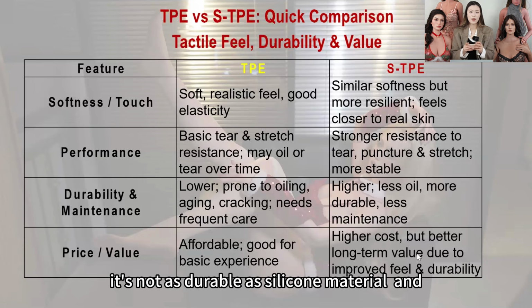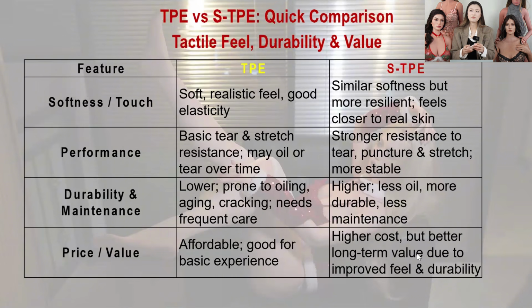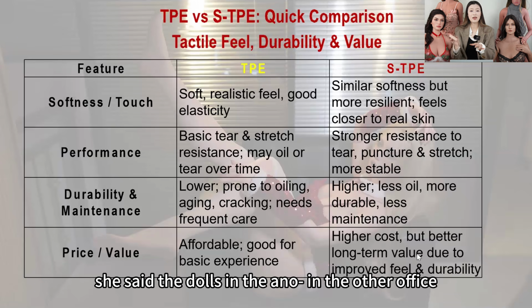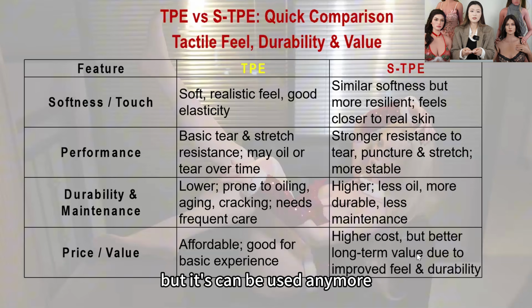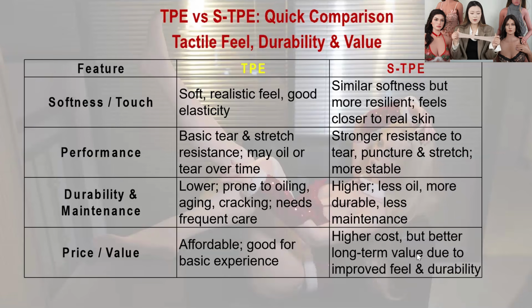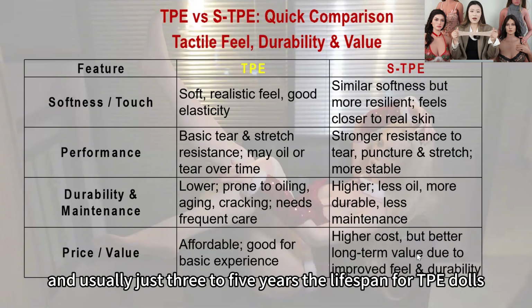It's not as durable as silicone material. According to my coworker, the doll in the other office has been here for like 5 years already, but it can't be used anymore because it's not very durable. Usually the lifespan for TPE dolls is just 3 to 5 years.